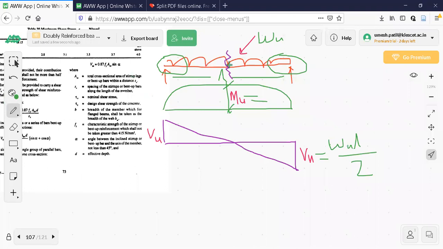The way I calculated bending moment, then I calculated moment of resistance. Moment of resistance has to be more than or equal to the factored bending moment. So moment of resistance is the bending strength of the beam. Similarly, I should find out the shear strength of the beam by using the IS code book or any theory.